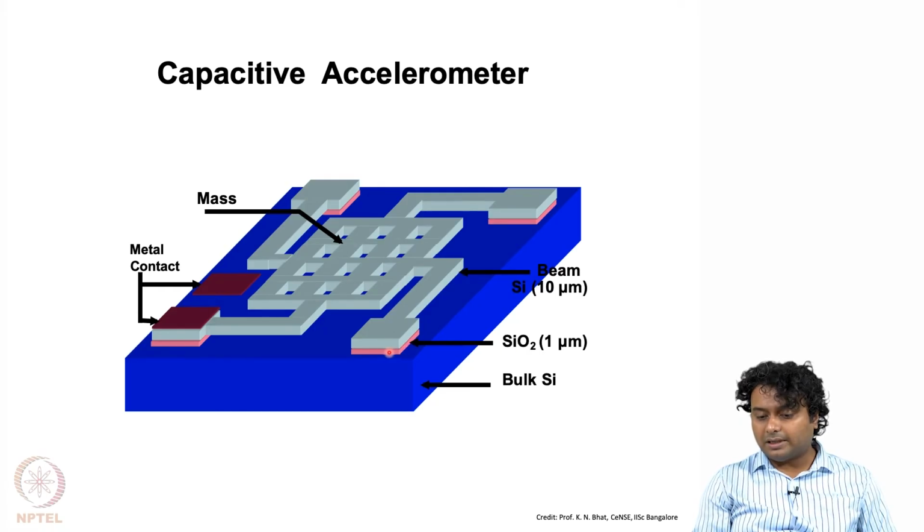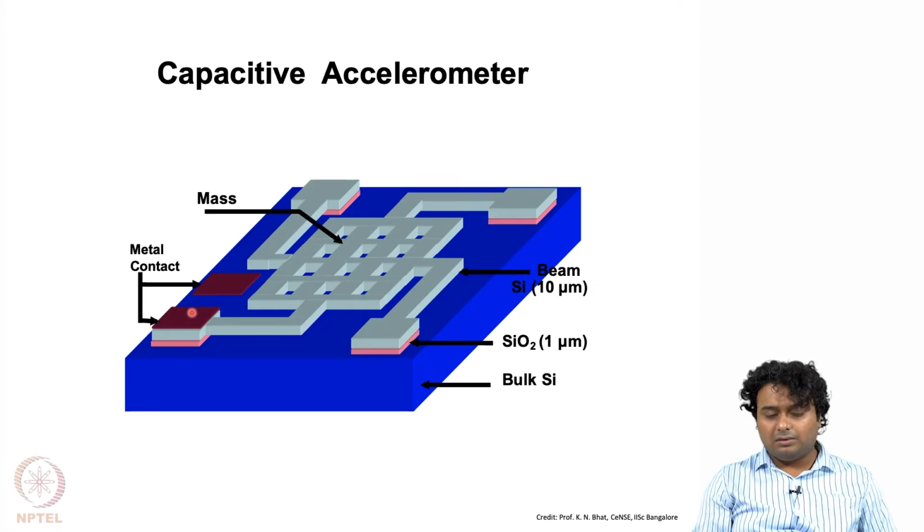This pink side you can see here is SiO2 of 1 micron, and then we have the floating structure or actual proof mass, which is the beam or the moving structure, that is again silicon. This can be polysilicon, also single crystal silicon, and that is let us say 10 micron of thickness.